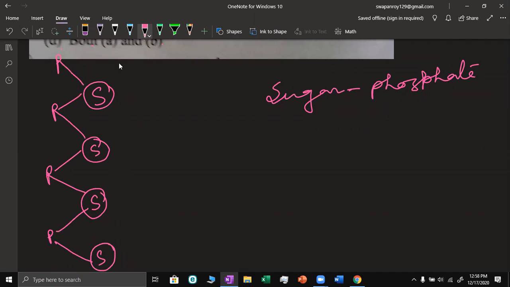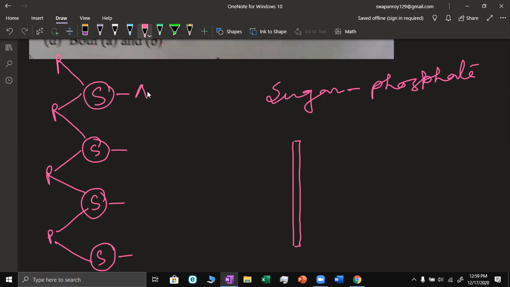So this forms the side rod of a ladder, and the nitrogenous bases are at right angle to this axis and towards the inner side.